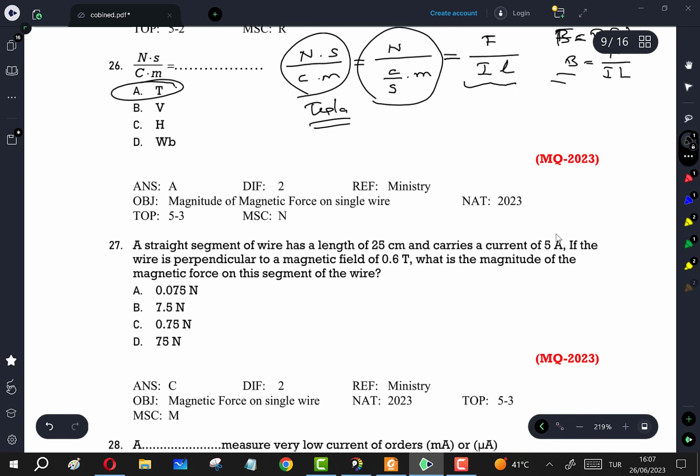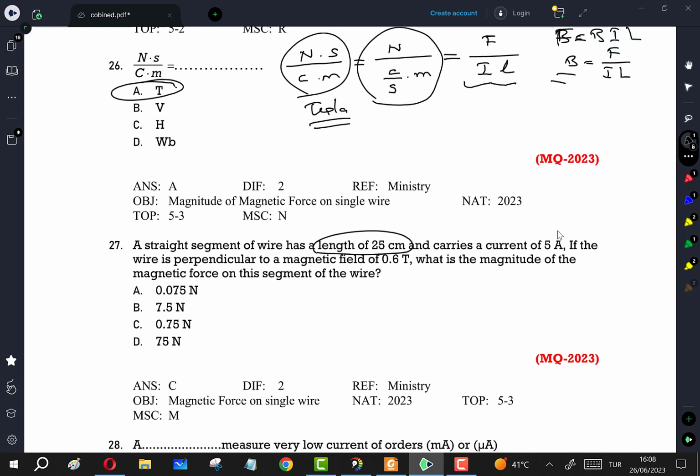A straight segment of wire has a length of 25 centimeter, which is L. Carries a current of 5 ampere, which is I. If the wire is perpendicular to the magnetic field, maximum magnetic force, B is 0.6 Tesla. Find force. So just use the BIL equation.